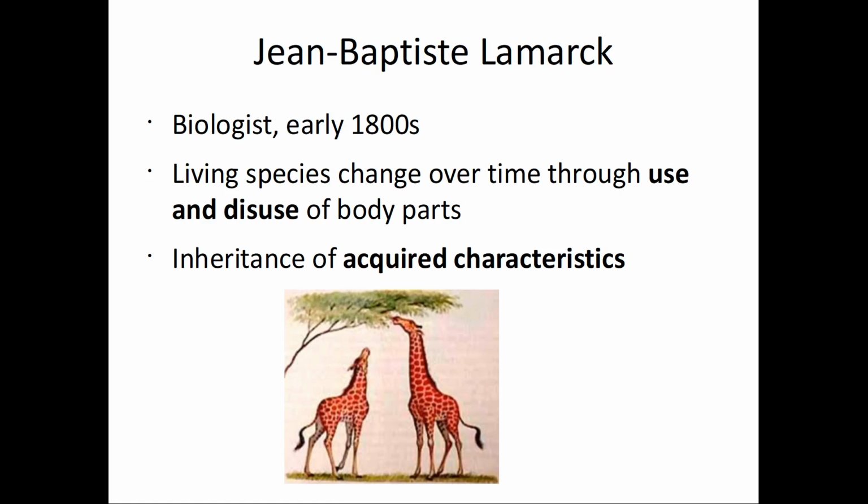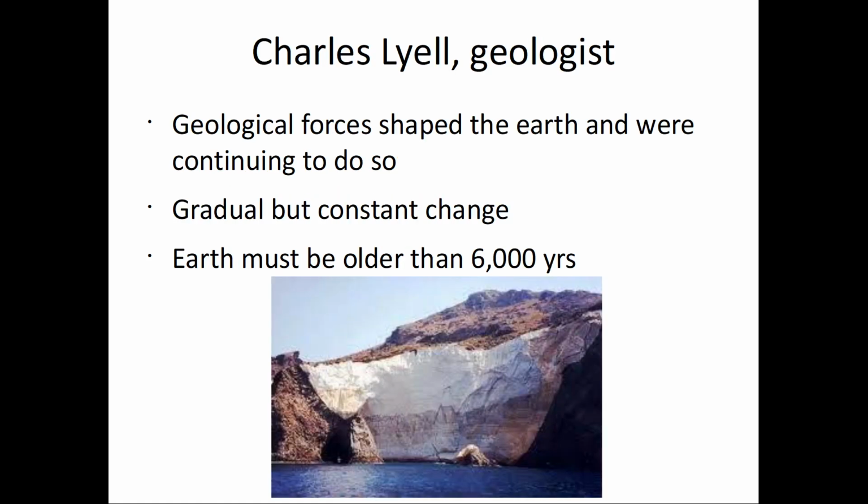That's not at all how the modern theory of evolution theorizes that those sorts of changes occur, but it was an early idea that life was changing, and it's important for that part.